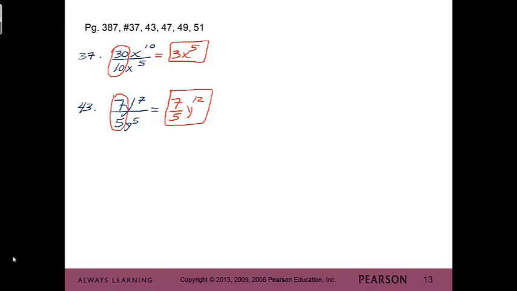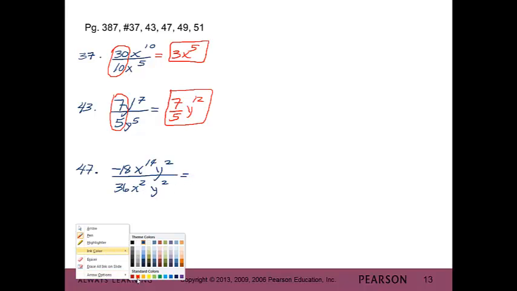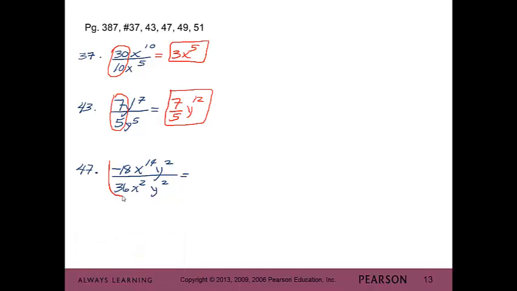And then number 47. We have negative 18 x to the 14th power, y to the second, all divided by 36 x squared, y squared. So just like before, divide our coefficients into each other. So negative 18 divided by 36, that becomes negative 1/2. Make sure you leave it as a fraction, negative 1/2.